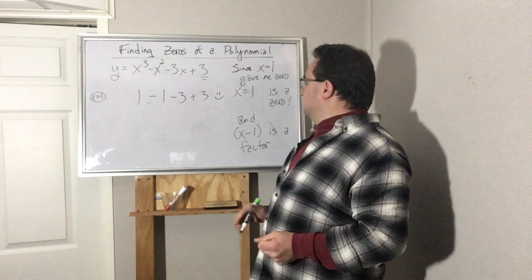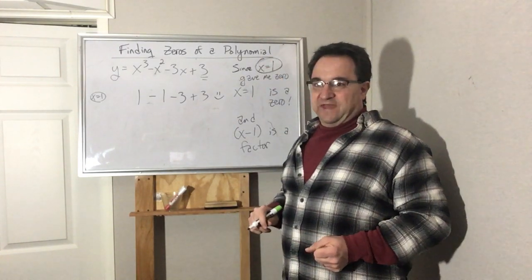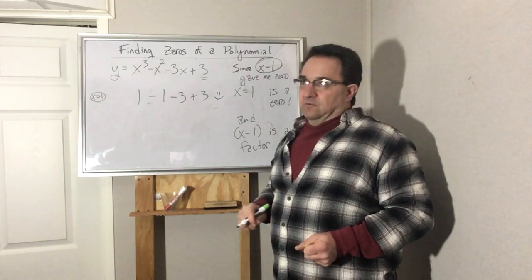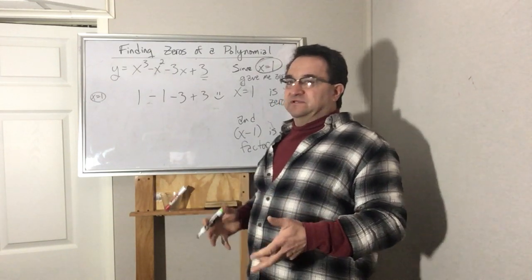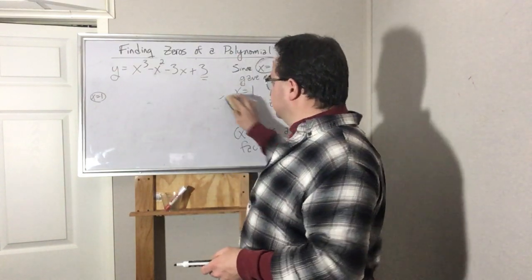Now that throws people, right? X equals 1 worked, so x minus 1 is a factor. Well, let me just finish out the problem and see if this makes any sense at all. And I'll try to link these two together.